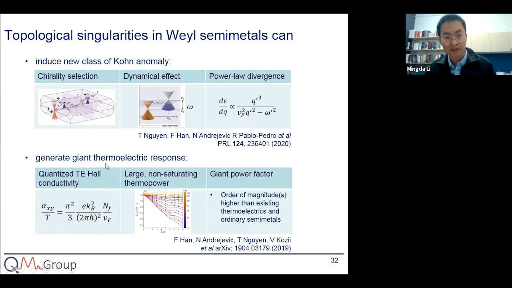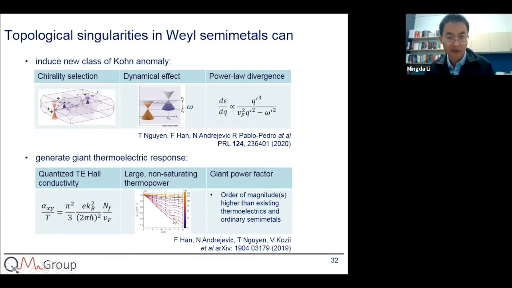And then the other, more practical energy application is that we can use that to generate a giant thermoelectric response. One thing is related to the quantized thermoelectric Hall conductivity. Even though the material's resistivity and thermal power are all highly dependent on materials, temperature, and magnetic field, the combination is really a very simple, universal number here.